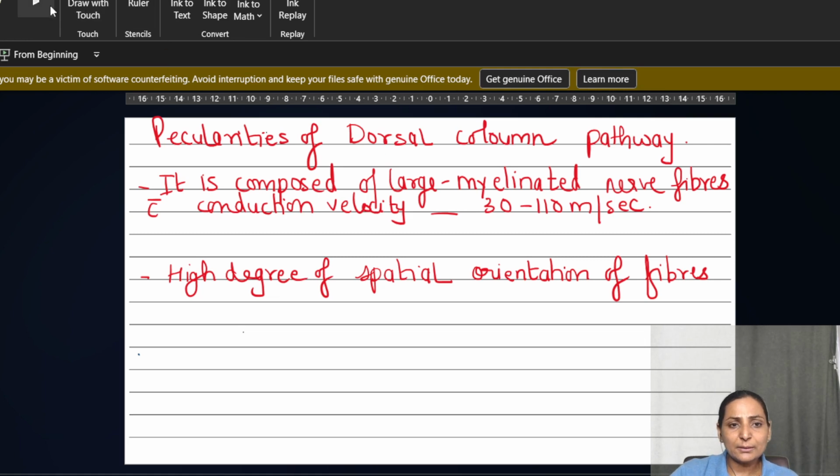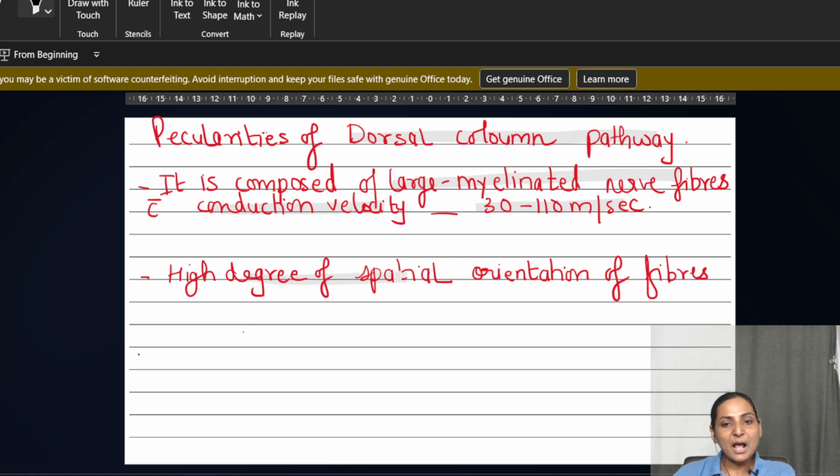Now you can get a 2 marks BAQ, or you may have to write it in the form of an LAQ also, that there are certain very important peculiarities of the dorsal column which are not present in the anterolateral column. First, it is composed of large myelinated nerve fibers which have a conduction velocity of 30 to 110 meters per second.